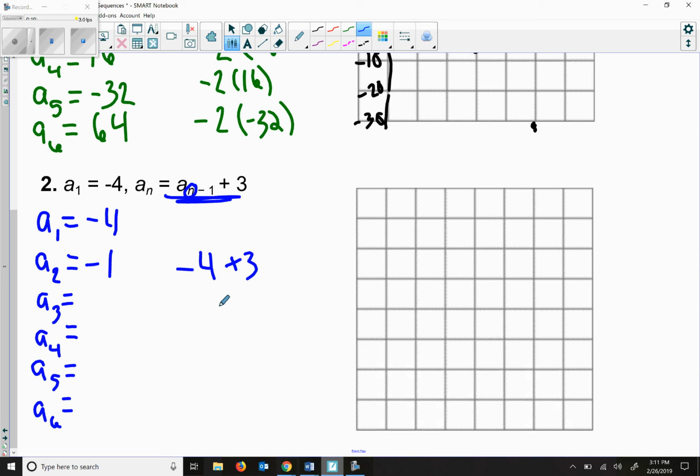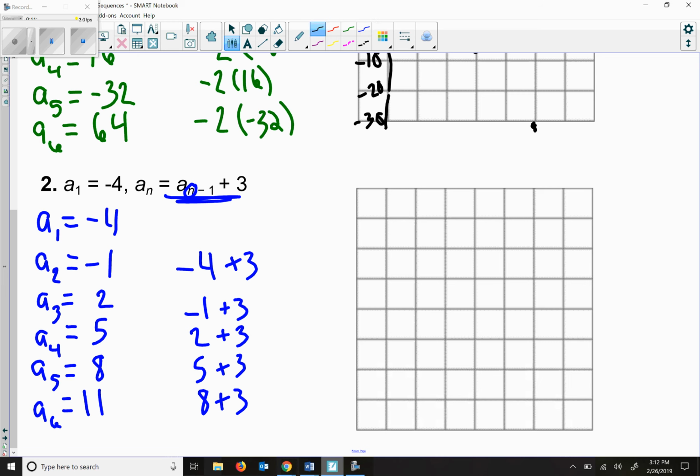Then for our third term, we use the previous one, so that -1 plus 3. So that gets us 2. For our fourth term, again, we're using the previous, so we're using 2 plus 3. And we've got 5. 5 plus 3 gives us 8. 8 plus 3 gives us 11.